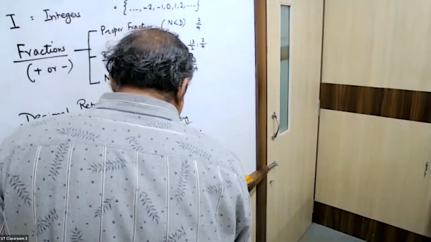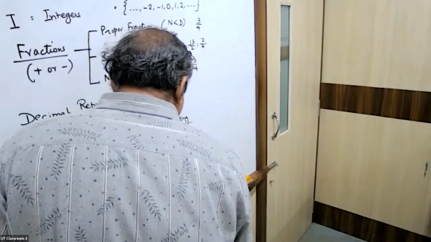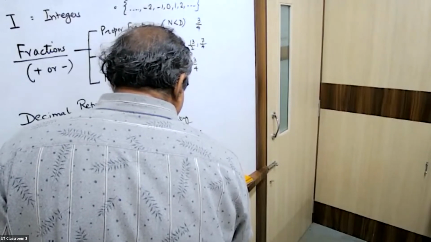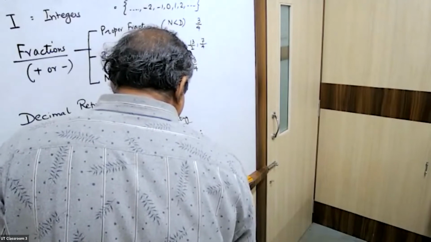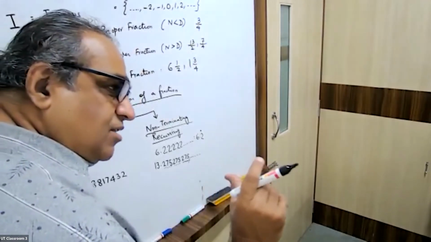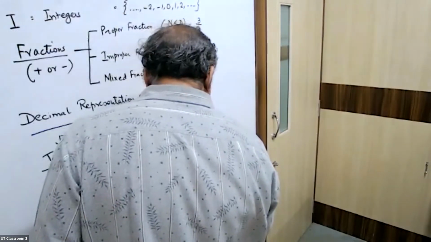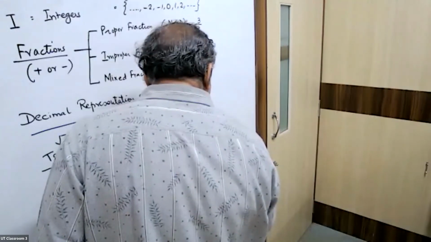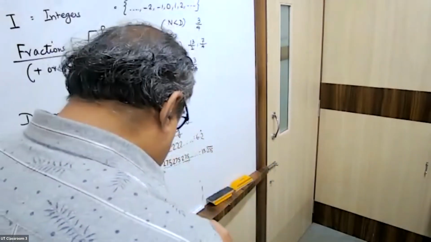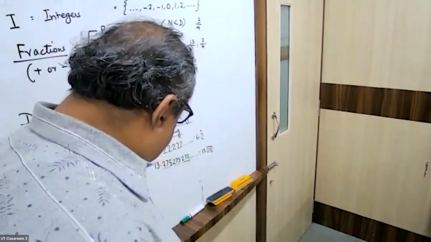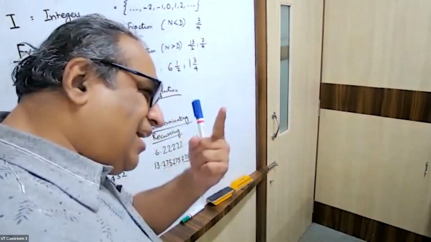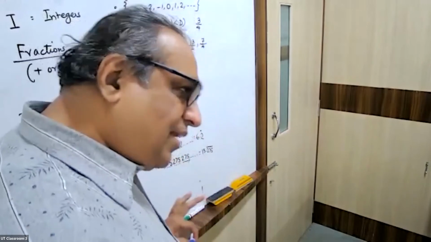Or 13.275275 dot. I can see that these three digits are repeating again and again. That same pattern is being repeated again and again. So I can write this like this: 13.275 bar. This bar implies that these three digits are repeating again and again. I can put a bar here also or a dot, but because it's a single number, I'm putting a dot. I can put a bar there also, not an issue.